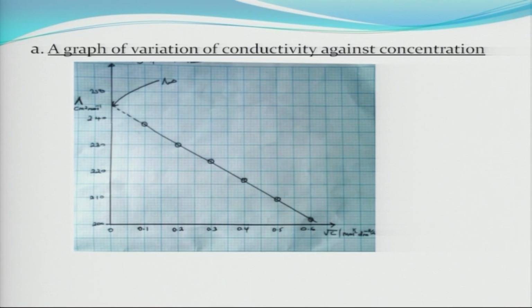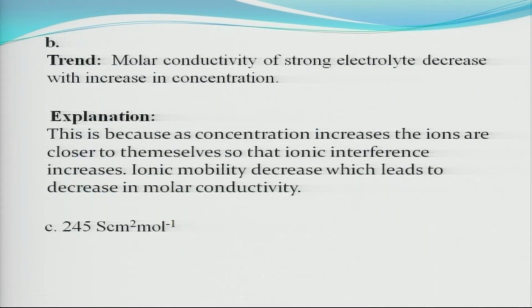As for our graph, hope you've appreciated it. So you can tell us the value of molar conductivity at infinite dilution. It is 245. Then they tell you to explain the trend in molar conductivity of strong electrolytes.